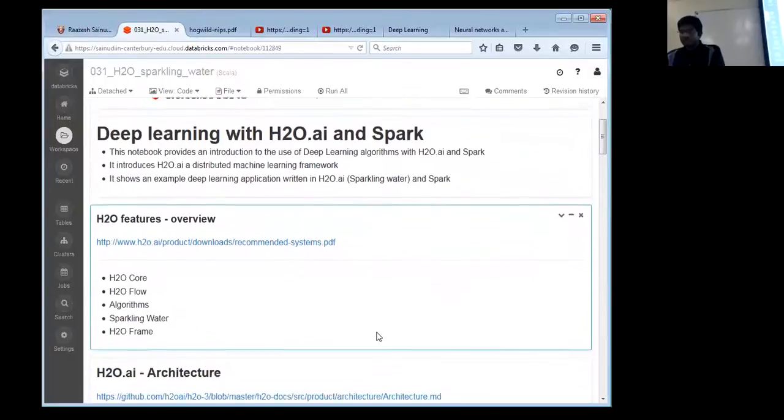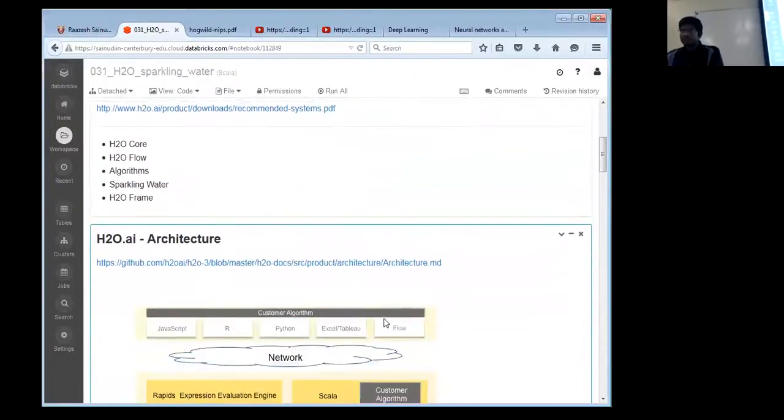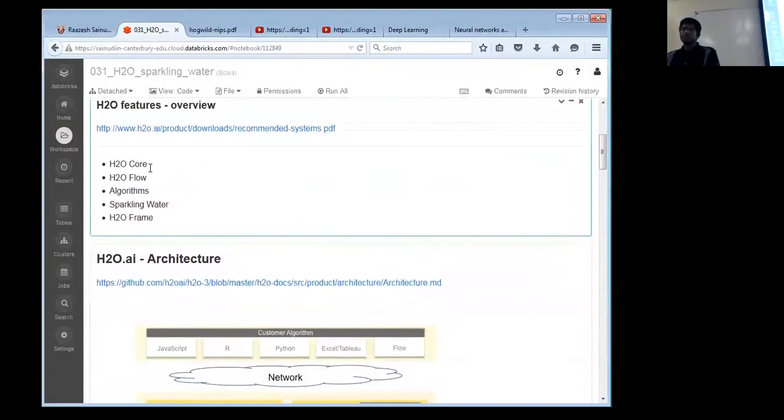Okay, so the main concepts for H2O are something called the H2O core. So this is the core computation and distributed processing engine. And H2O flow, this is the UI bit. They also have, I think, 6 or 7 algorithms that they've implemented.